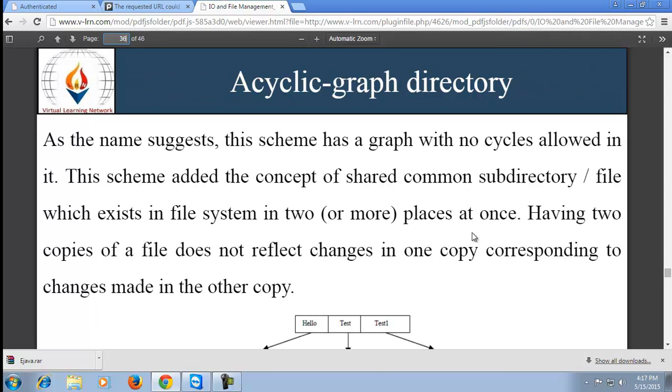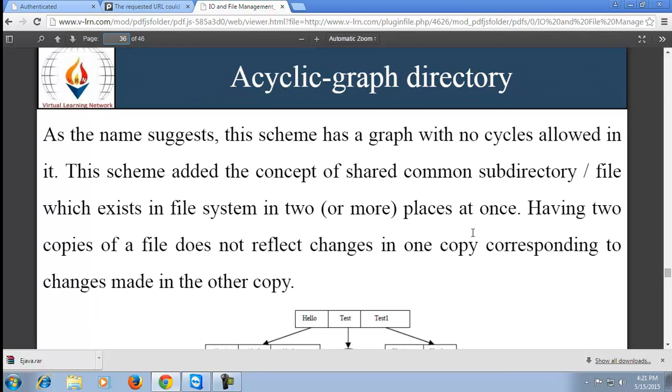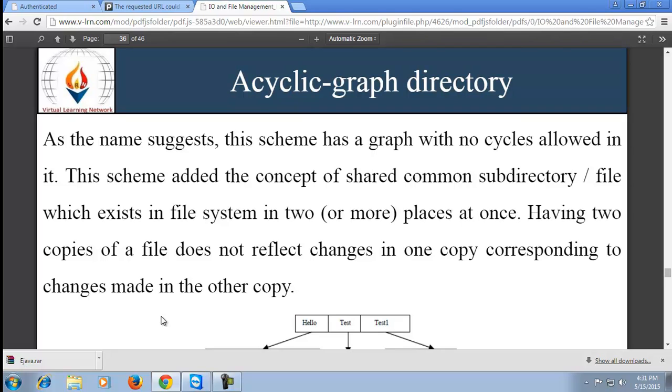Next is the cyclic graph directory. As the name suggests, this scheme has a graph with no cycles allowed in it. This scheme adds the concept of shared common directory or file, which exists in the file system in two or more places at once. Having two copies of a file does not reflect changes in one copy corresponding to changes made in the other copy.